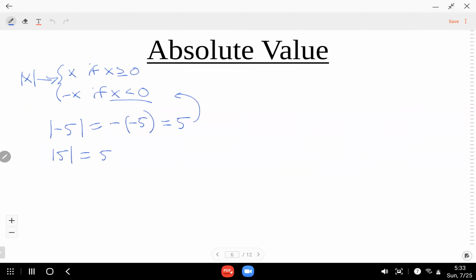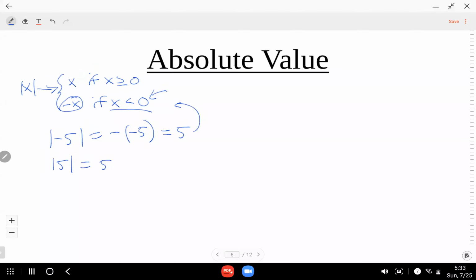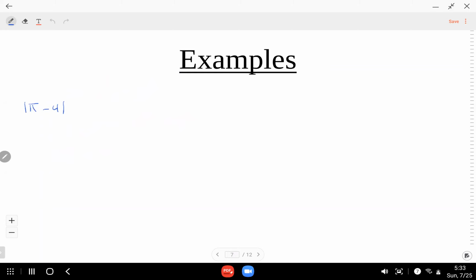Now, this theorem says that if x inside the absolute value is less than 0, then the result of the absolute value will be negative x. So let's see if pi minus 4 is negative. What is pi? 3.14, right? 3.14 minus 4 is going to be negative, negative 0.86 or something like that.